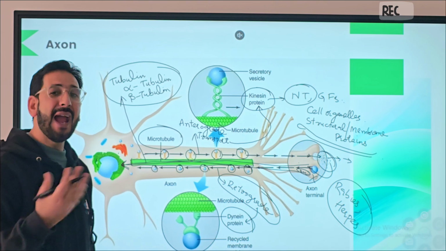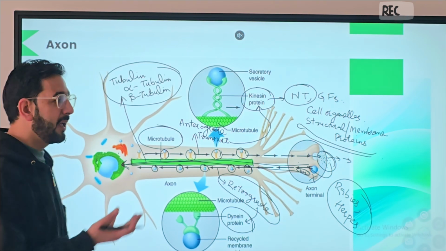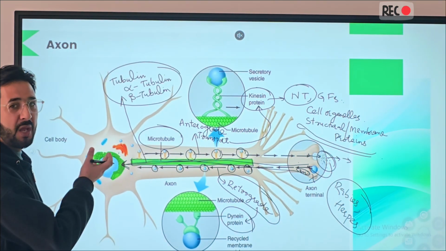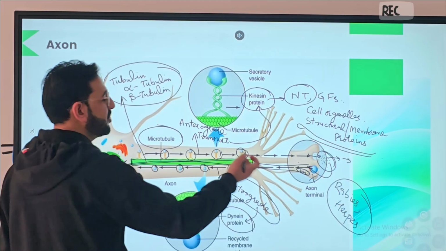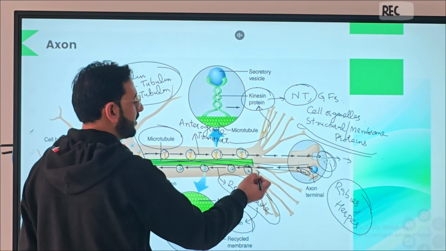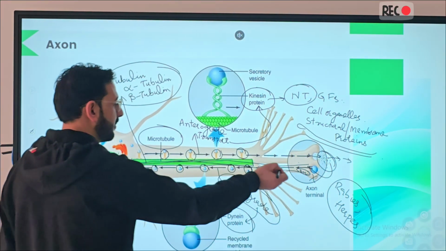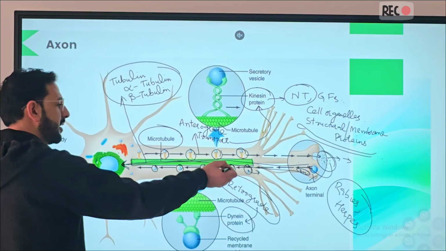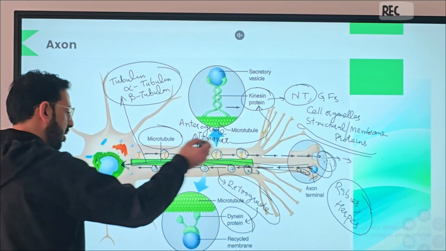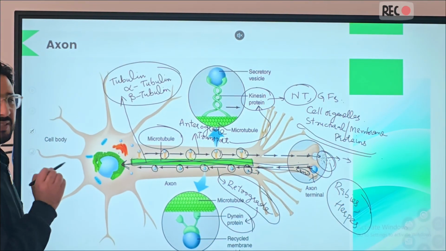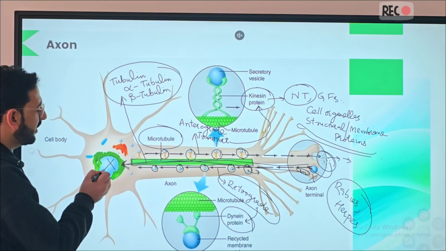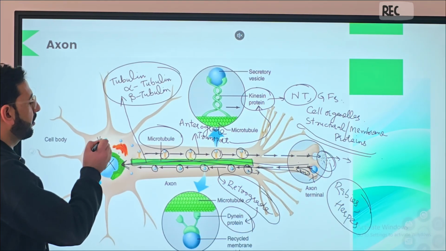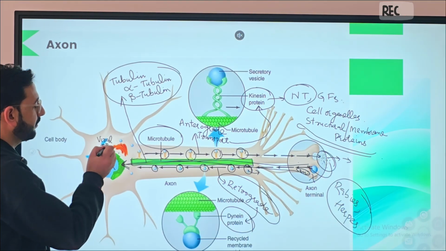Now, what they do is they hitch a ride on these dynein proteins, and from the axon terminal, by means of dynein, they go to the cell body, where they hack the nuclear machinery and make more viral proteins.